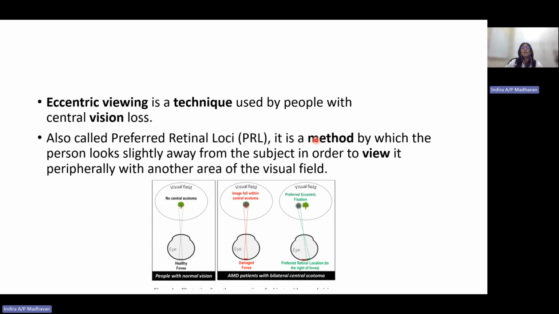Try to look straight at the cross that is given. While looking at the cross, try to make out the details of the toy that is stuck slightly far away from the patient's eye.